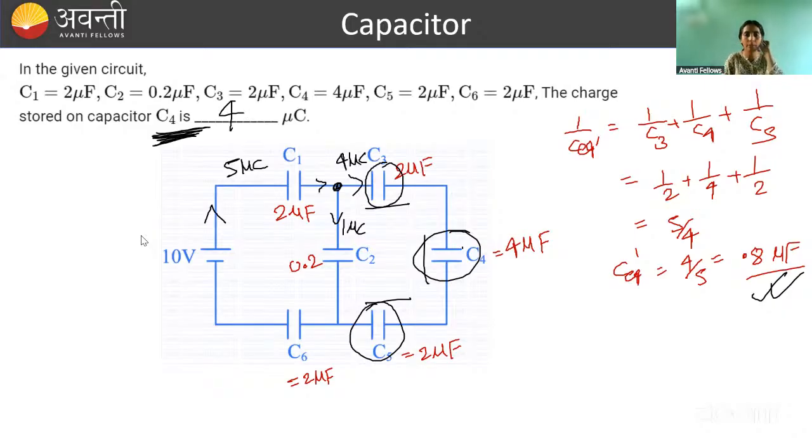Anyone having doubt in understanding this concept, then let me know. Yes? किसी को doubt है?